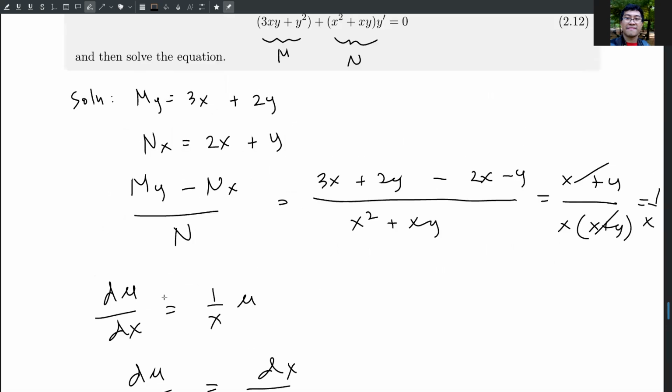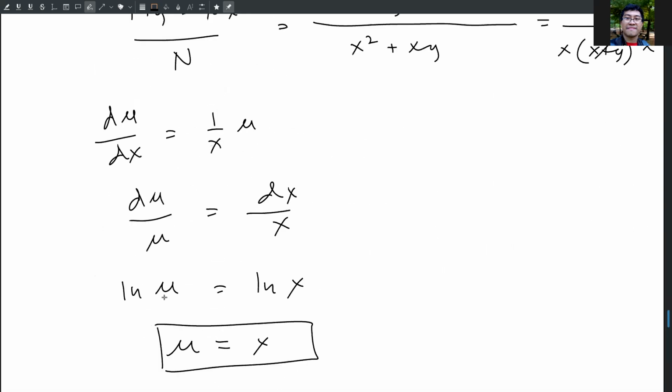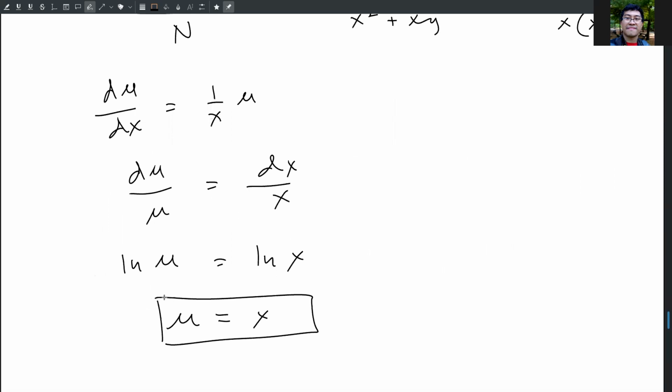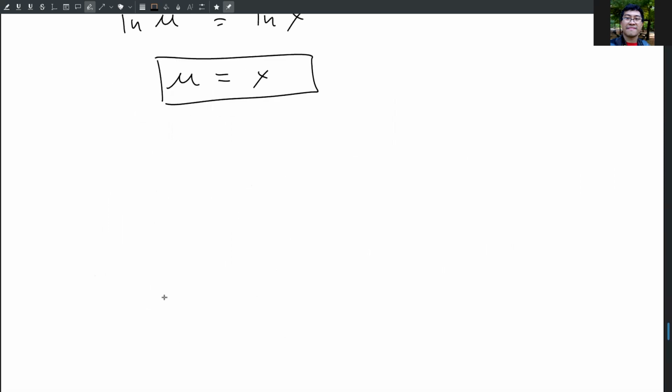Now our differential equation becomes, multiply both sides by x, mu M plus mu N y prime equals 0.